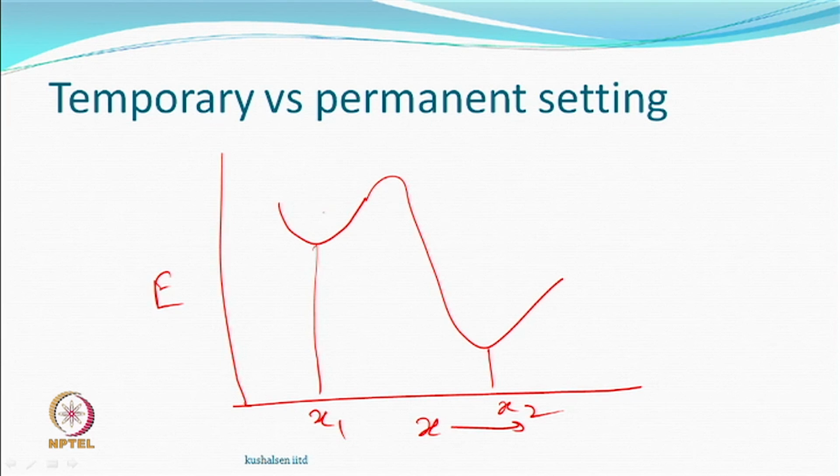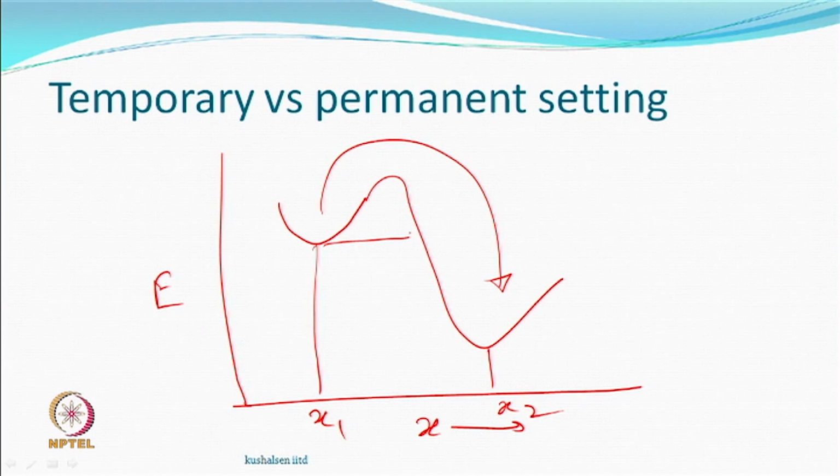Now, this change from state x1 to state x2 can be considered as a permanent change, relatively permanent change. Why? Because there is an energy barrier which was crossed and it went down all the way till this point.